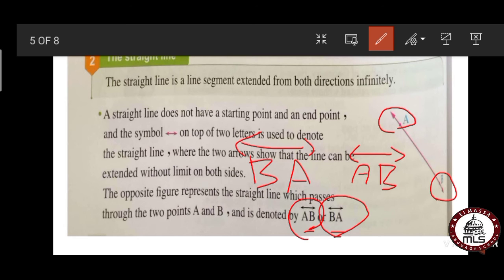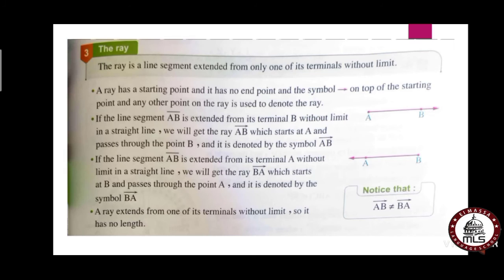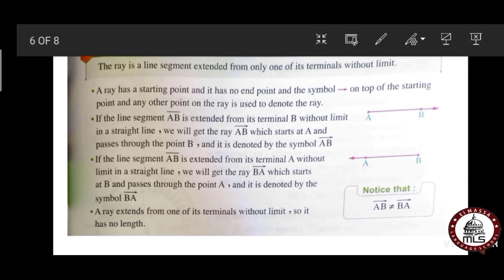Number 3, the ray. The ray is a line segment extended from only one of its terminals without limit. The ray AB: I have a start point but I don't have an end point.